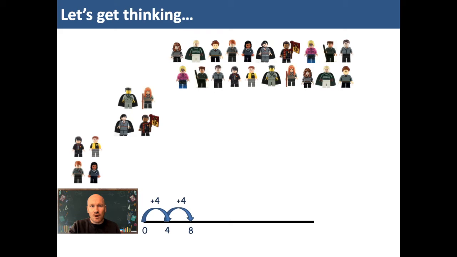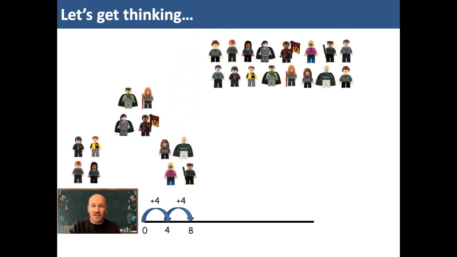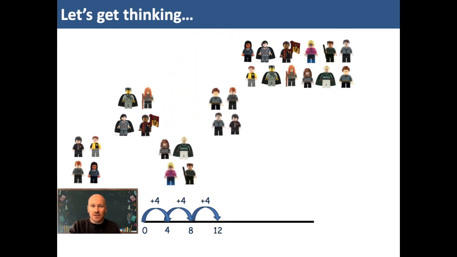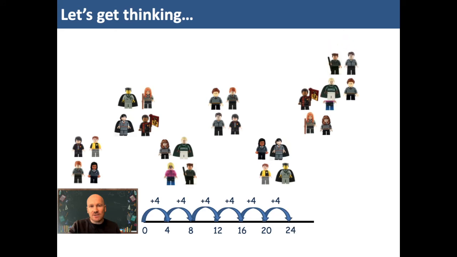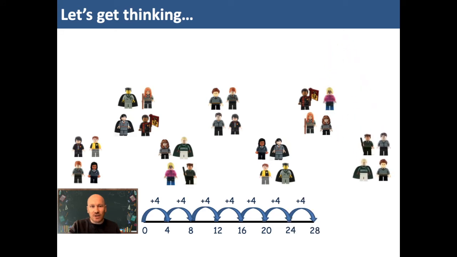The next 4, we've got 12 players in 3 teams, then 16 players in 4 teams, 20 players in 5 teams, 24 players in 6 teams, and 28 players in 7 teams. We get the same answer, of course, only this time we didn't count back from 28 in groups of 4, we counted on from 0 up to 28.